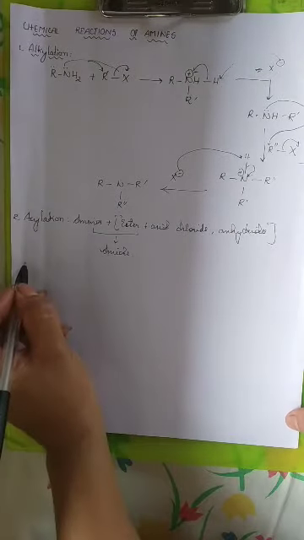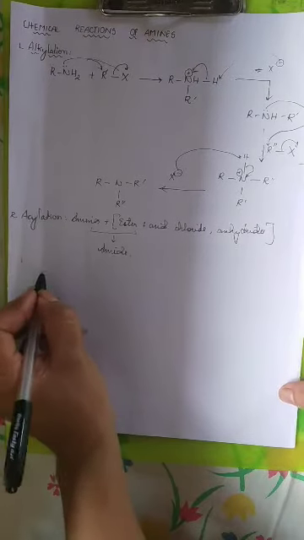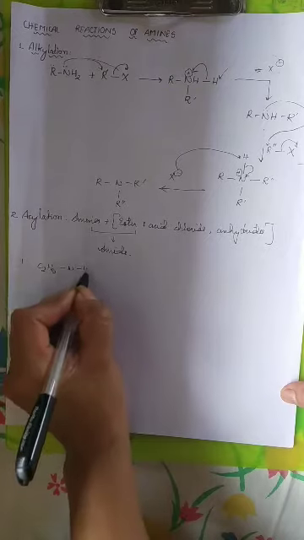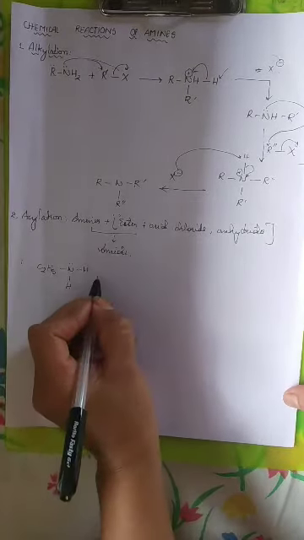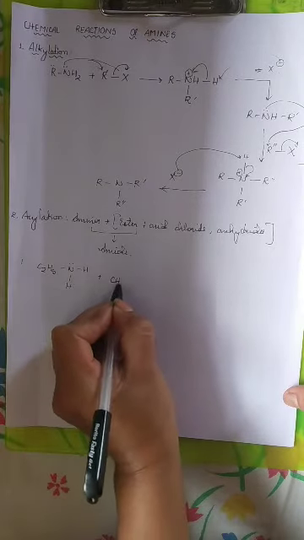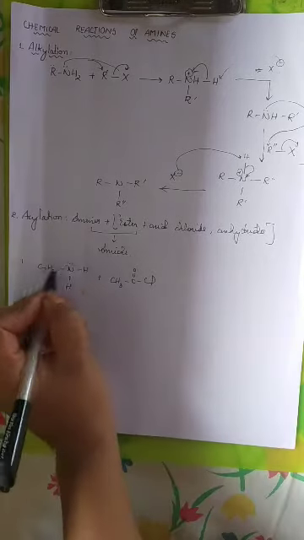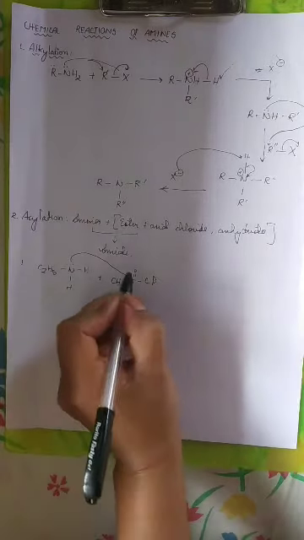Therefore, now let us check our primary amine. Now, when a primary amine reacts with an acid chloride, the lone pair goes and attaches.